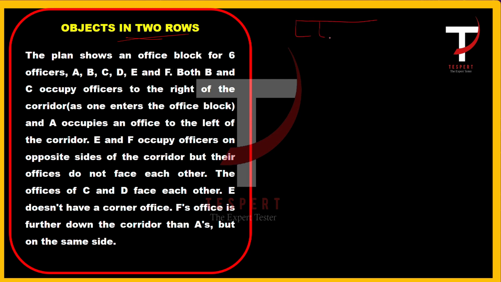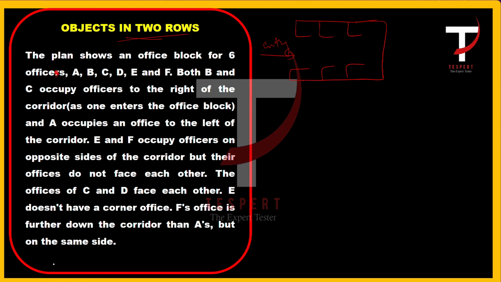This is the entry. So the plan shows an office block for 6 offices A, B, C, D, E and F.